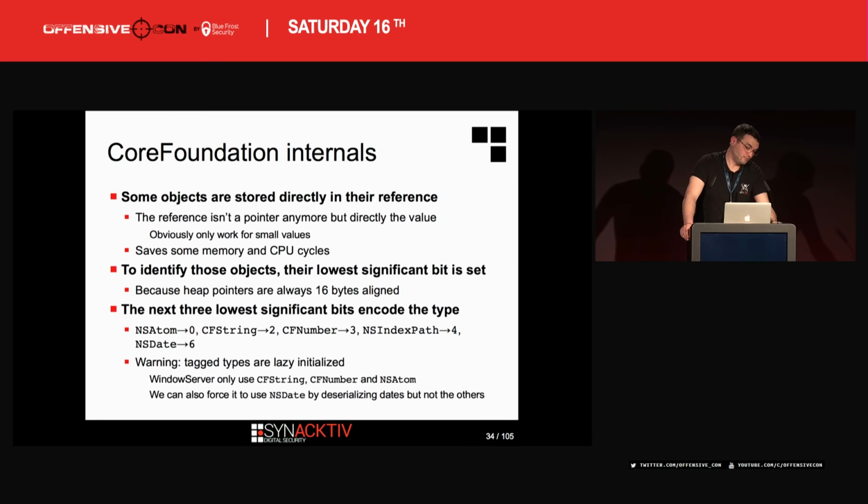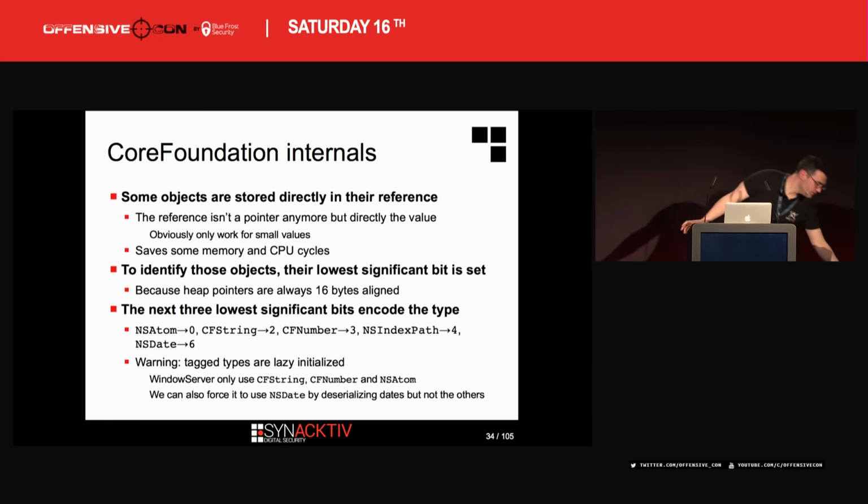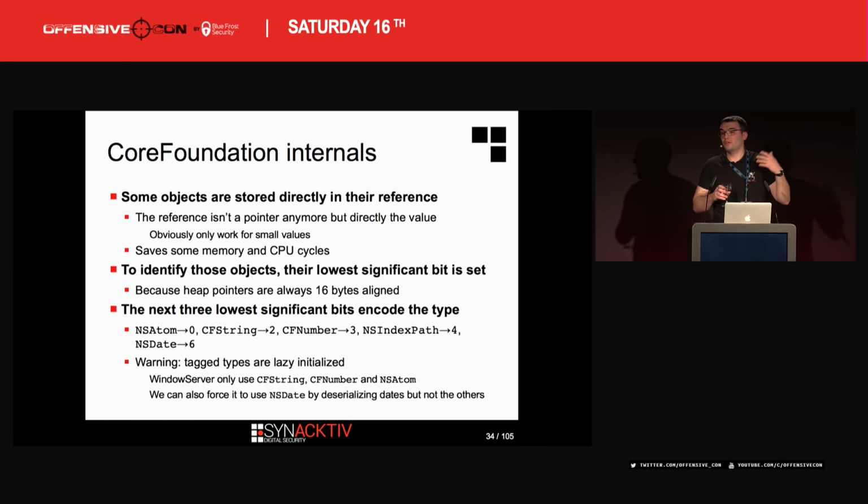That means that if you try to overwrite a pointer with a tagged pointer which uses a type that wasn't already used by the program, then the Core Foundation runtime won't know this type, and you will crash your program. So the Windows Server only uses CF string, CF number, and NSAtom in its day-to-day life. We can force it to use NSDate by forcing it to deserialize NSDate. But for example, we won't be able to use NSIndexPath in our exploit.